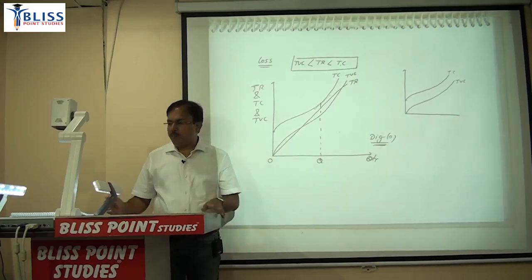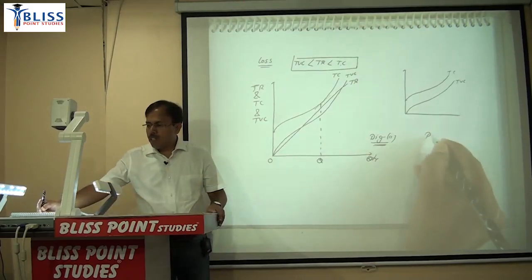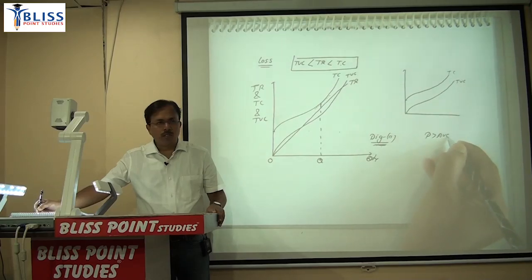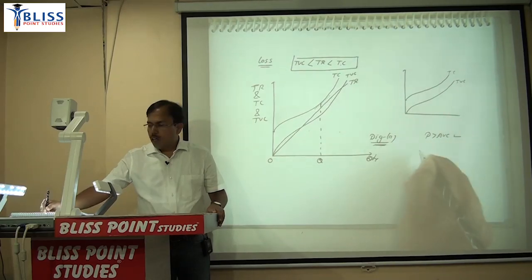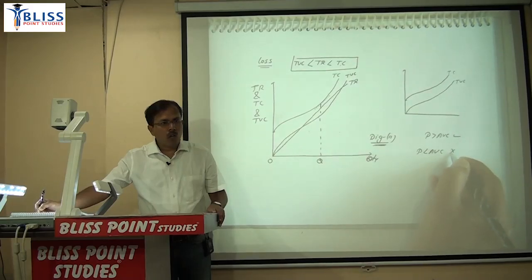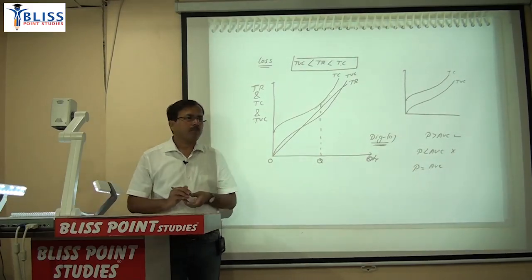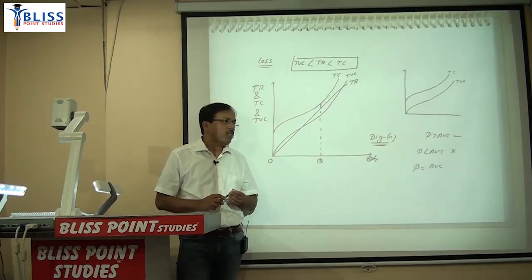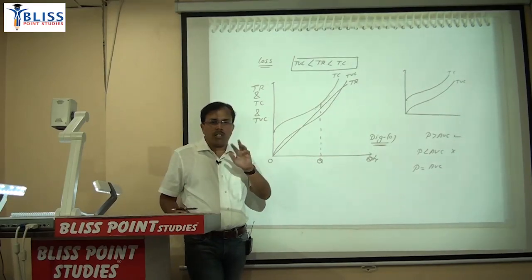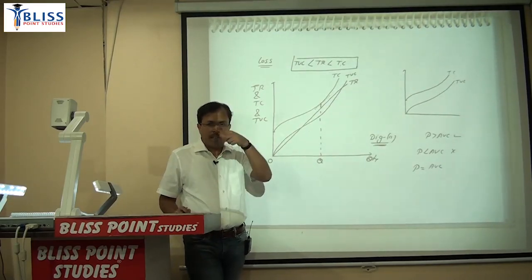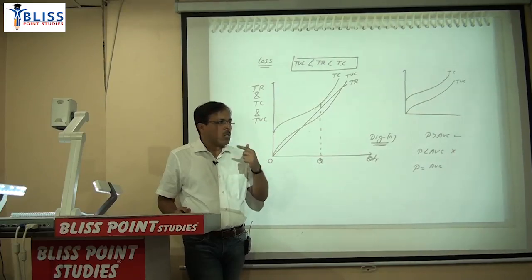So in terms of average, you say when price is greater than average variable cost, the firm will operate. If price is less than average variable cost, the firm will not operate. So if price is exactly equal to AVC, then that point is called the shutdown point. But average variable cost is not a constant number, it is a curve, with different values. So which point exactly?